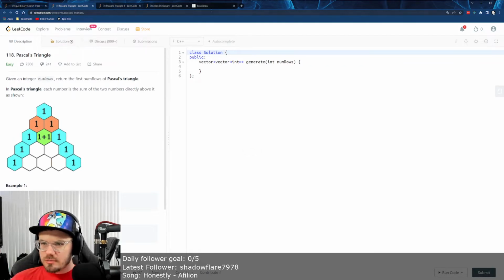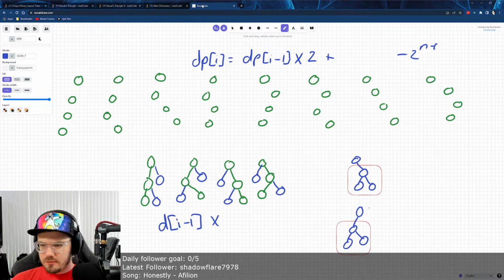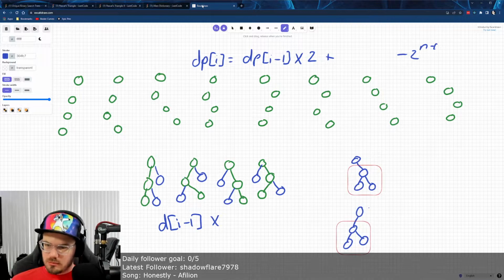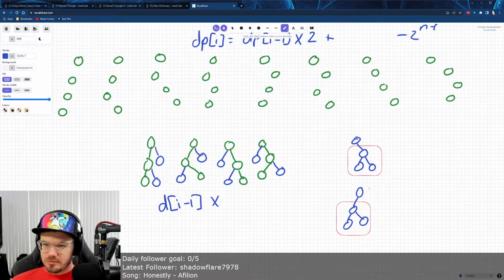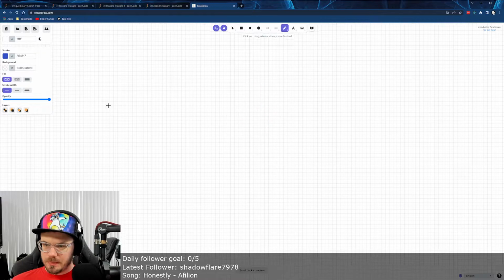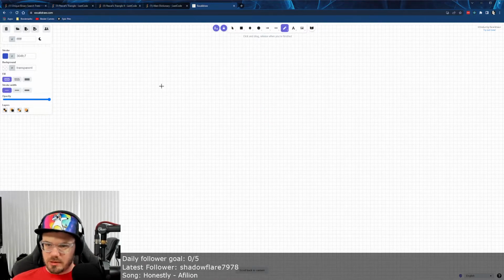Okay, so here's another important thing to point out that I just thought of that I don't think I'm representing in my solution, which is that let's say that we get to dp of 7, right?